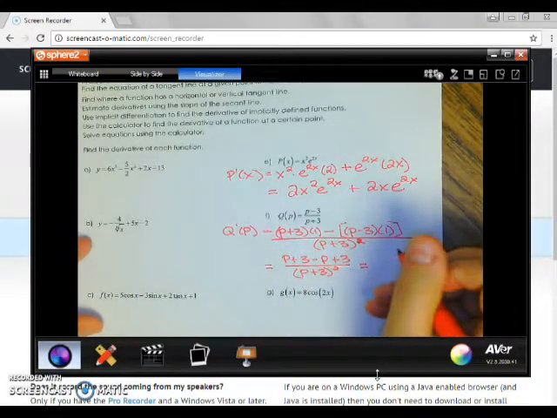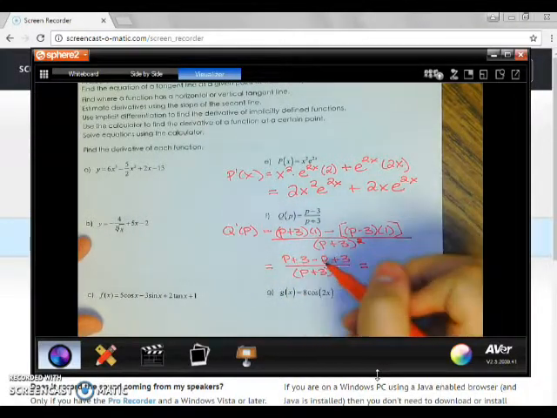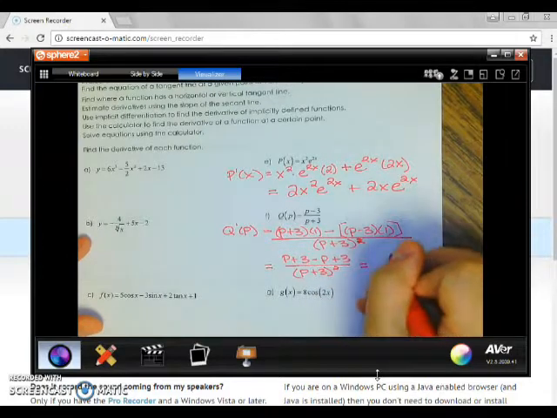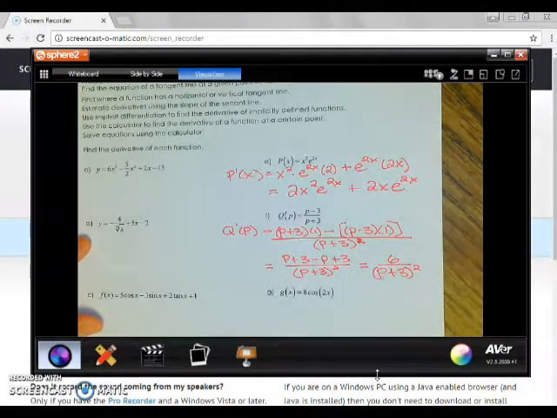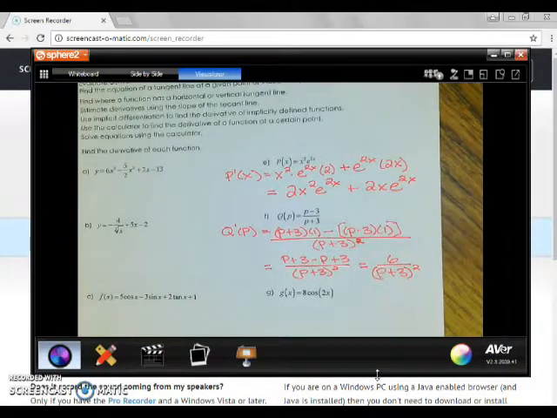Let me clean that up one more time. This p and this p are going to cancel out, and then 3 plus 3 is 6. So it's going to be 6 over p plus 3 quantity squared. So there's your example of quotient rule.